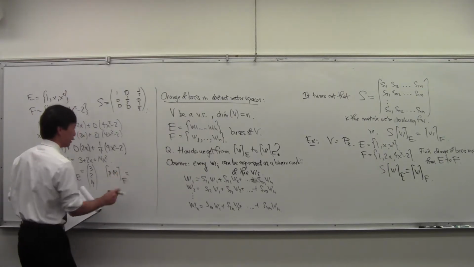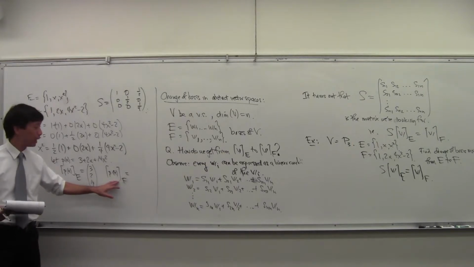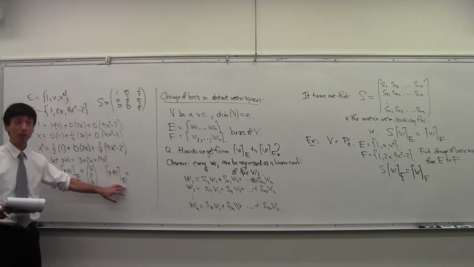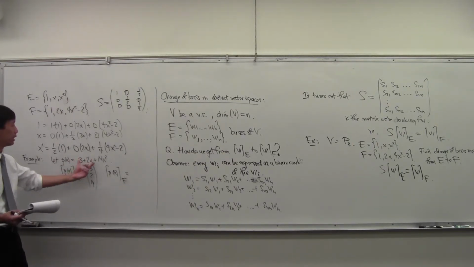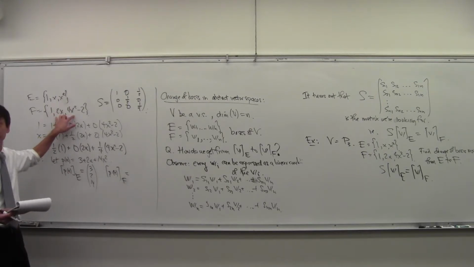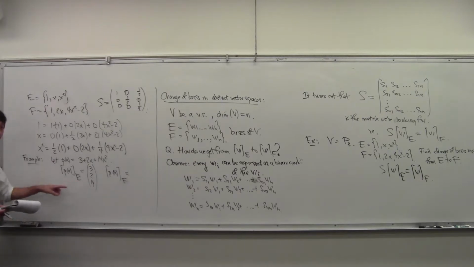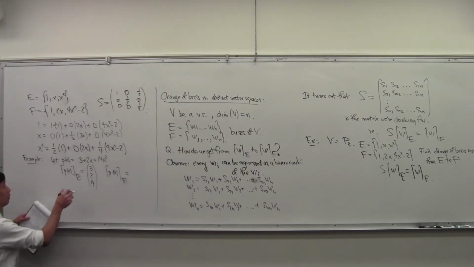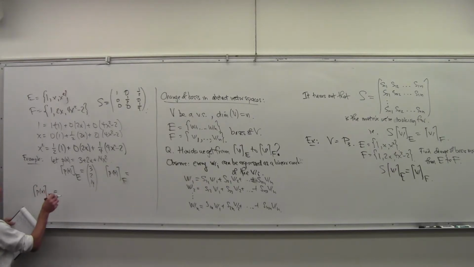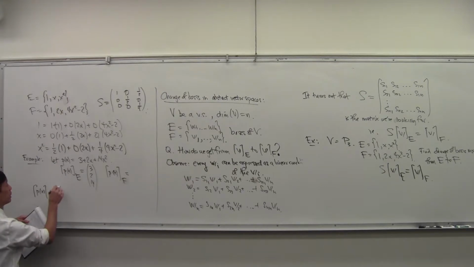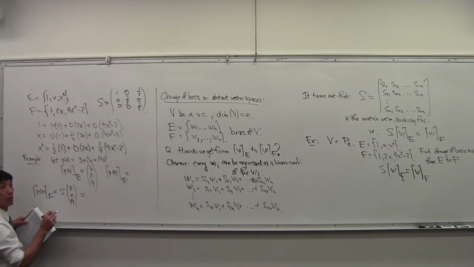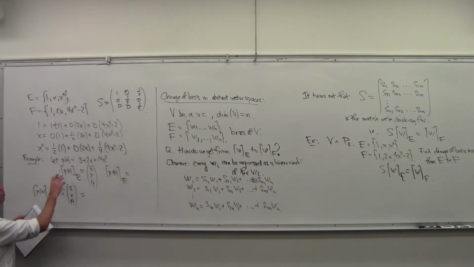And if I said, give me the coordinate vector of this with respect to F, well, you'd have to realize it as a linear combination of these and then give me the coefficients. Or you could use what we just did. The coordinate vector of P with respect to F, I claim, is going to be S times (3, 2, 14).